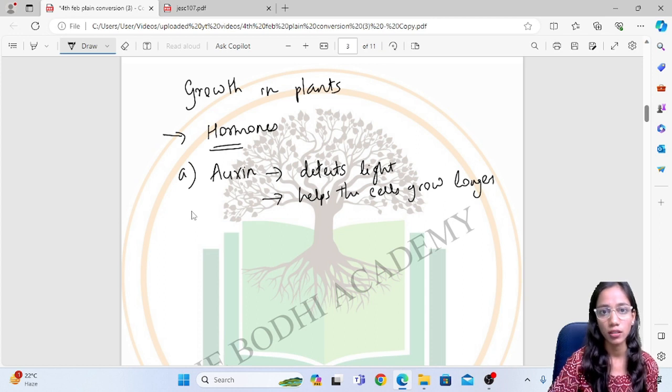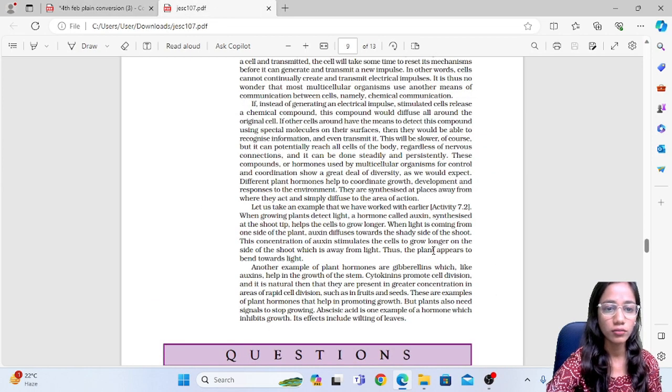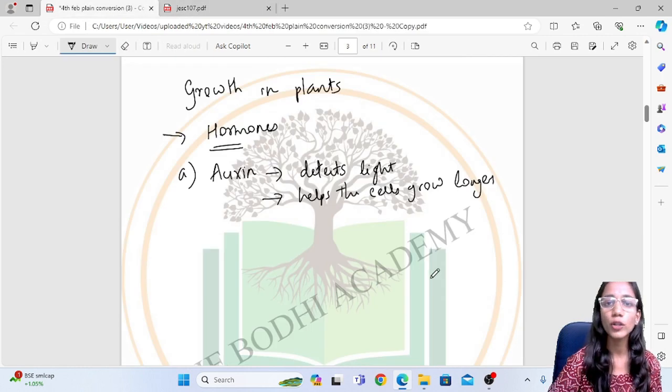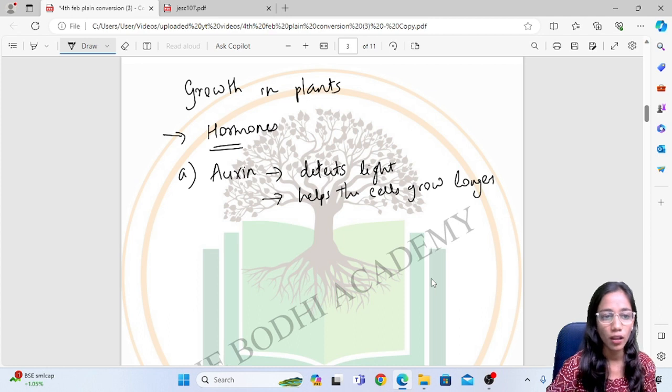Now we have noticed that many times a plant looks like it is bending towards the sun. Why do you think this is happening?